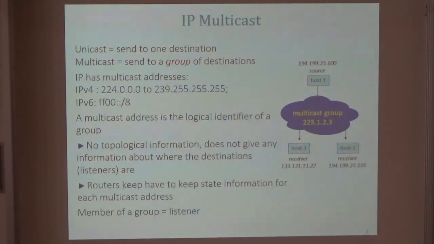The only information they have is the routing information, but this is general information. And if there is no change in the topology, for example, on the EPFL campus, when there is no failure or no addition or removal of a node, this information does not change. So we say that the IP layer is stateless or connectionless. In contrast, IP multicast makes the routers connection-oriented and stateful. So it's a radical change for a router to support IP multicast. A member of a group is, in fact, the listeners.